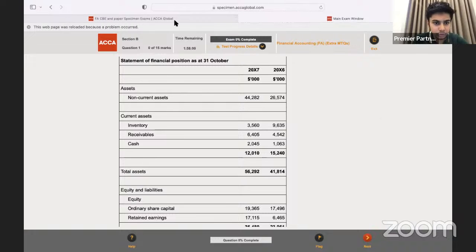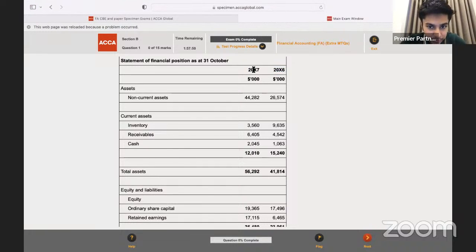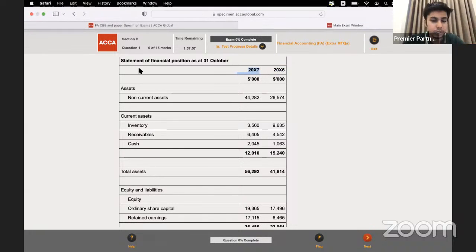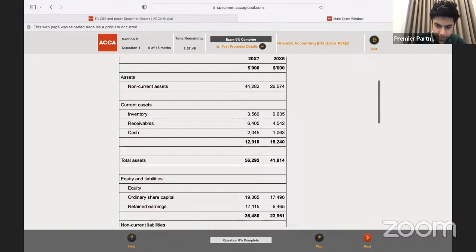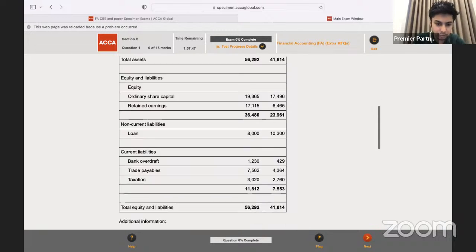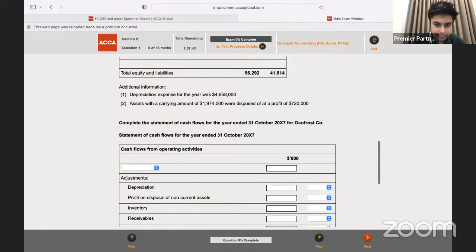Then they have given you an SOFP with 2 types of balances. So 2006 will become the opening balance, 2007 will become the closing balance. Two types of balances are given. Okay, then going down, they have given a lot of balances for us. And then over here, they are telling additional information.